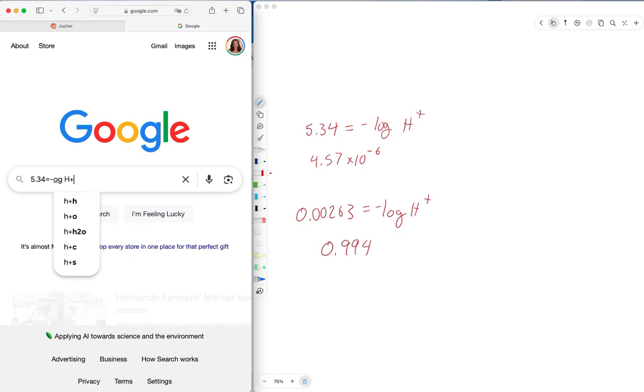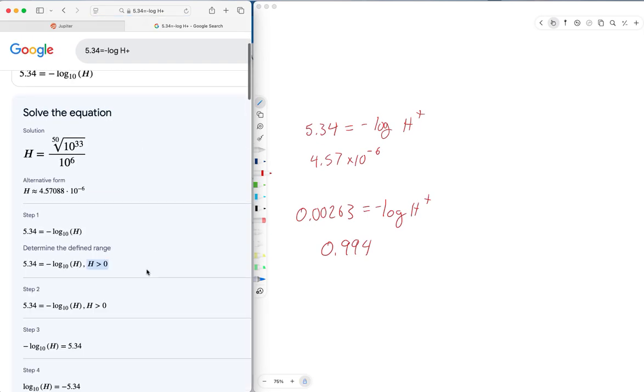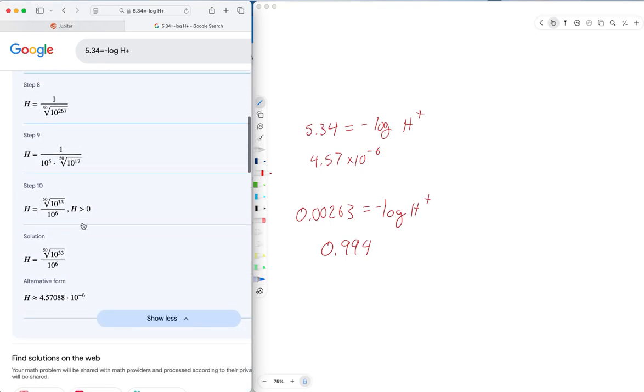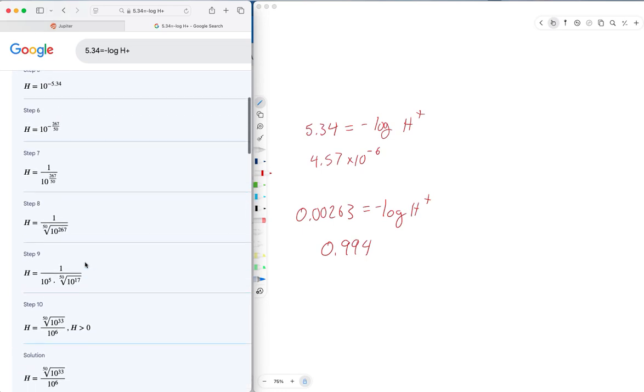Oh, I've got to put it in the right spot, the whole word. So that would be 4.57 times 10 to the negative 6. So it will give you the alternative form. The scientific notation is the one that we typically want.